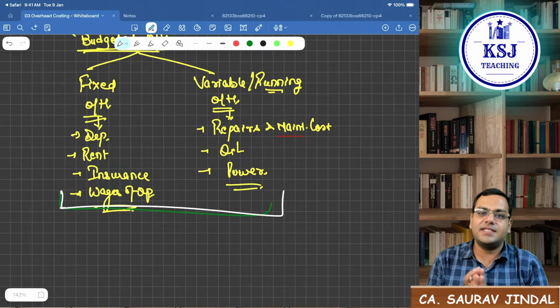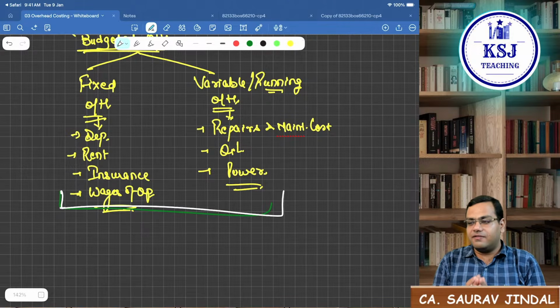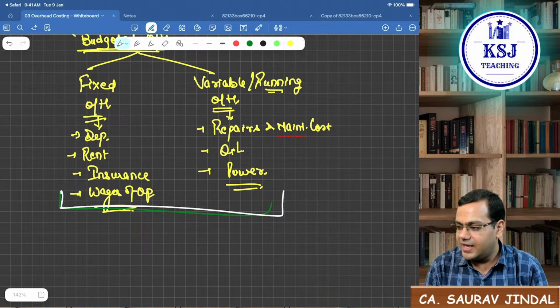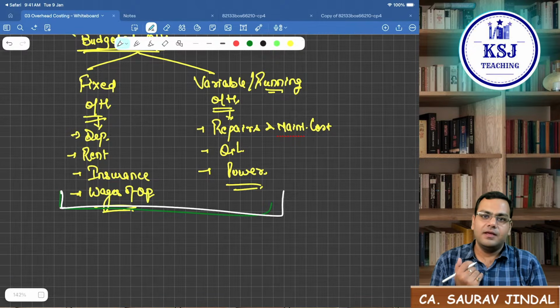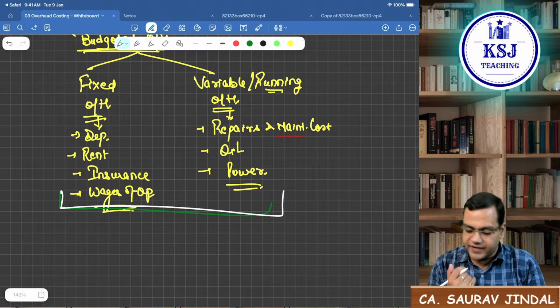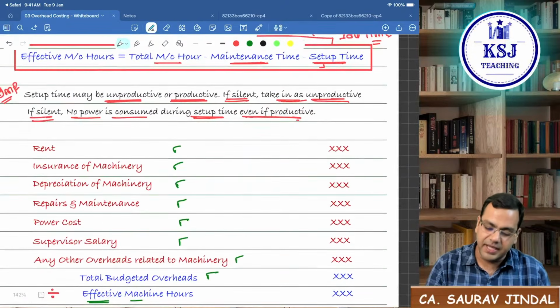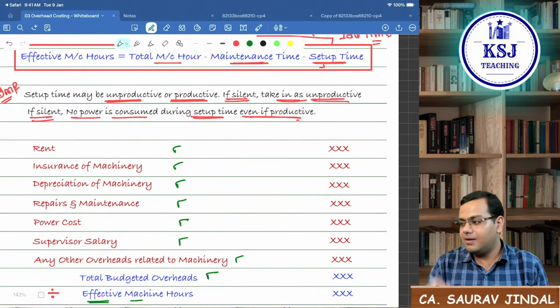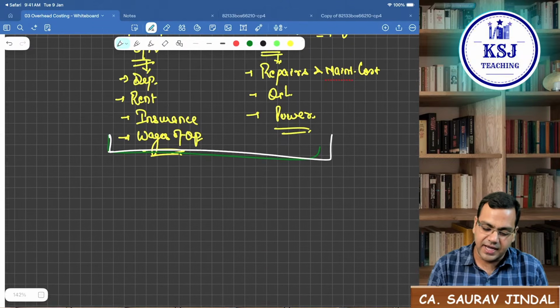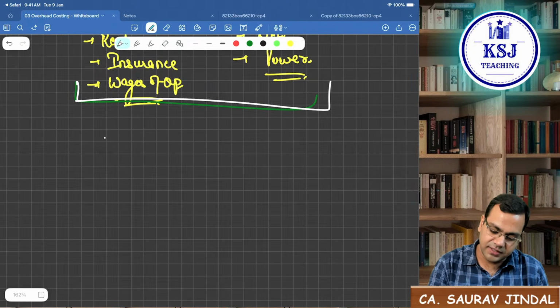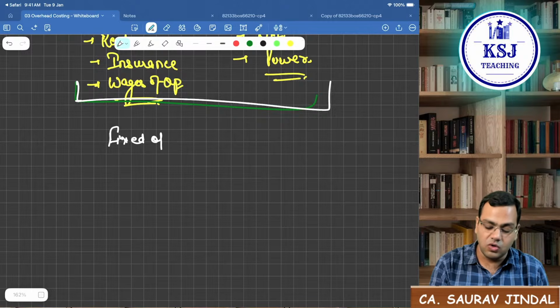So in this case, if you are not clear about the fixed overheads and the variable overheads, do not distribute. Another thing is that in some questions you might find we say budgeted overheads divided by effective machine hours. But in some questions you will find that for fixed overheads, they calculate the machine hour rate as fixed overheads divided by total machine hours instead of effective machine hours.